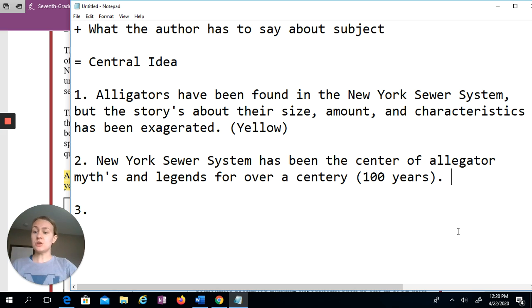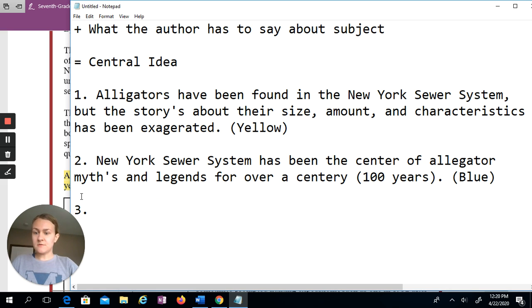Now, I want you to go find at least 2 to 3, if you want to do 4, that would be great, different quotes or parts from the passage that support this central idea. And I want you to highlight that in a different color. So I'm going to say blue, but if you don't have blue, just use a different color. Okay, so it's your turn now to go find quotes.